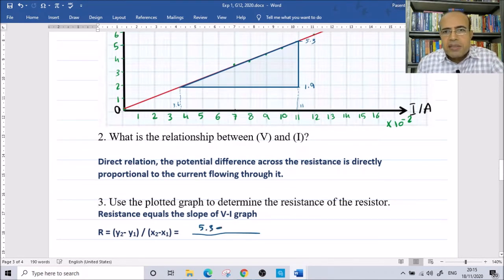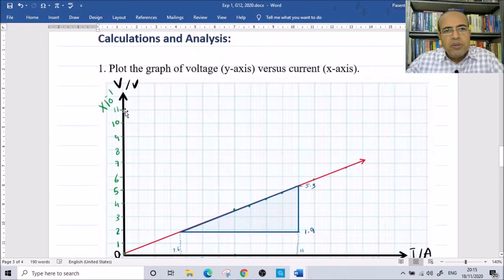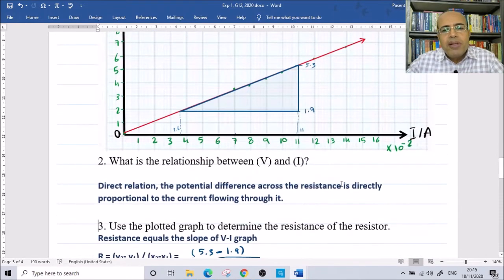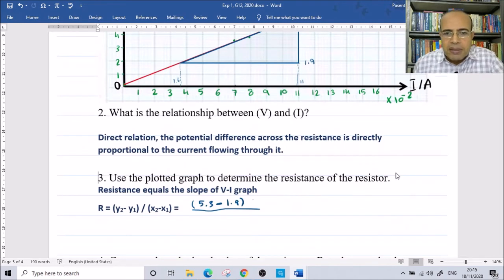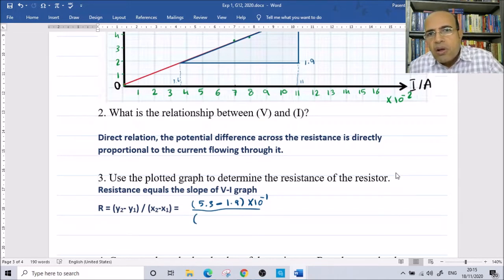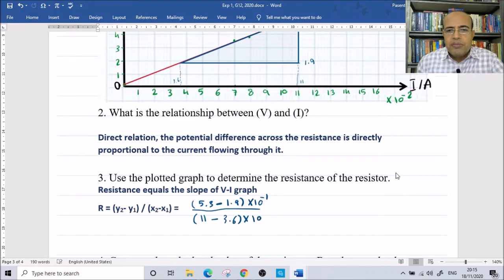So it is (5.3 minus 1.9), but remember, in voltage we multiply by 10 to the power negative 1. The current is 11 minus 3.6, and for the current we multiply by 10 to the power negative 2.